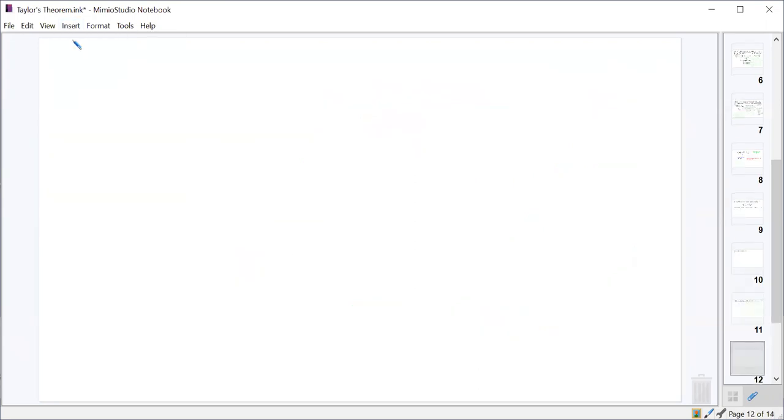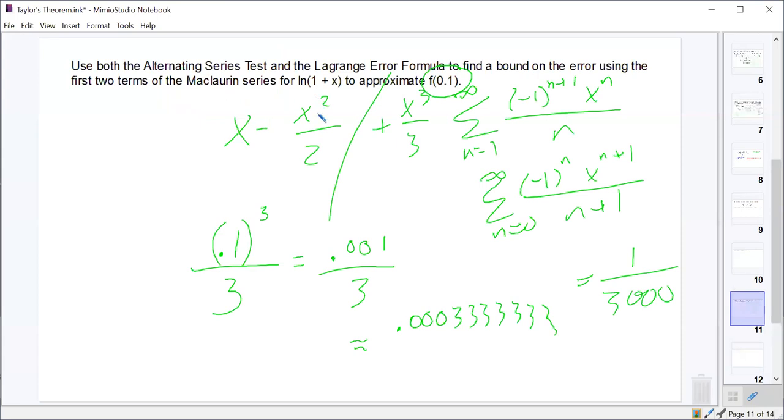So, the Lagrange error bound says that our remainder should be less than or equal to the absolute value of the n plus first derivative. If we're talking about after two terms, we had x minus x squared over 2 plus x cubed over 3, right?